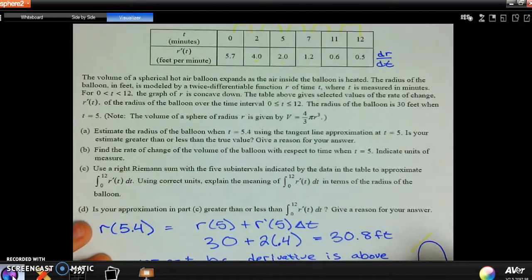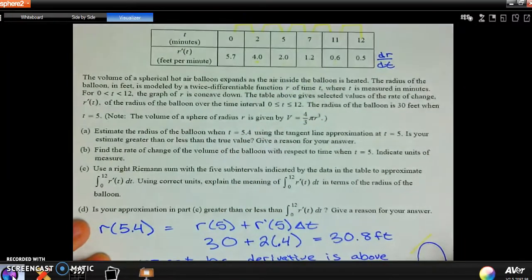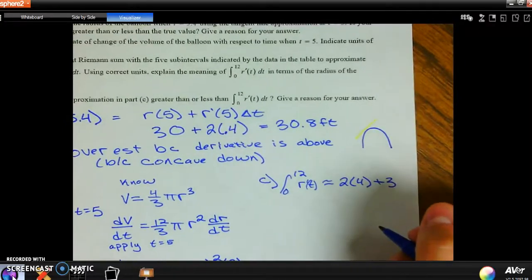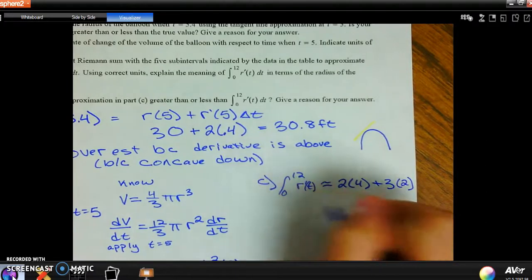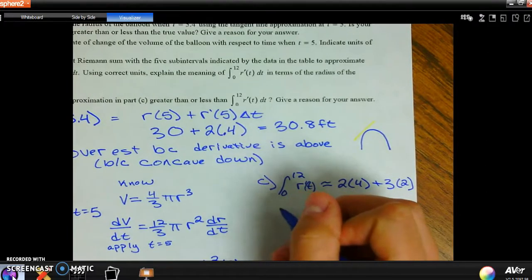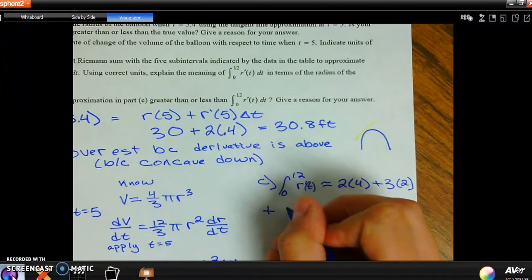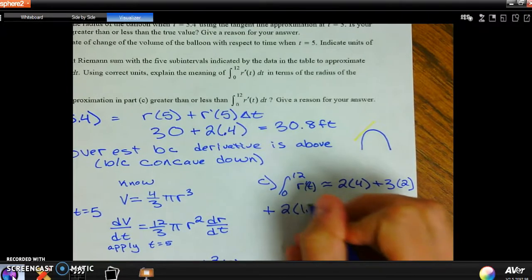So it's going to be 2 times 4, plus the width of the next rectangle is 3. Oh, and I am not writing anywhere where you can see, sorry. So it would be 3 times 2, and then I'm just going to write down here because I ran out of room, plus the width of the next one, from 5 to 7, is 2 times 1.2.